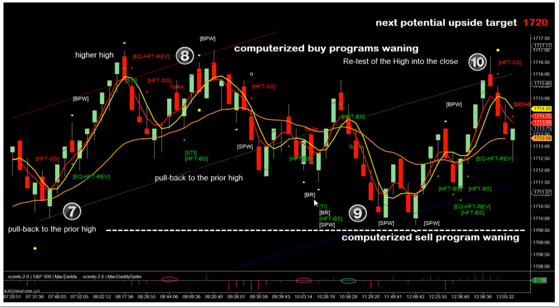During the pullback to 1709, the computerized sell programs ceased to execute to the sell side, buying interest returned, and the S&P auctioned back up to retest the high at 1716, 1717 into the close.